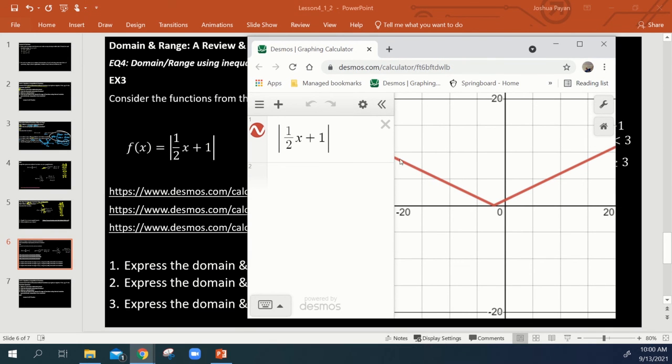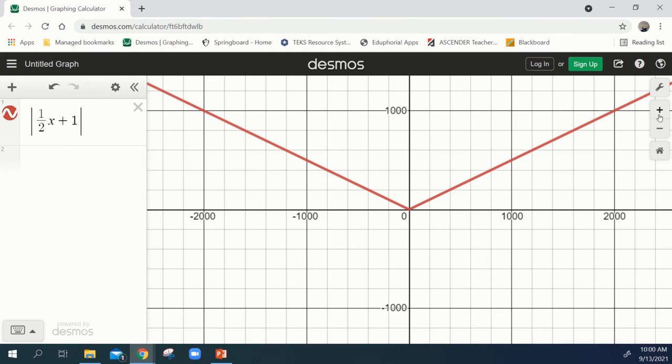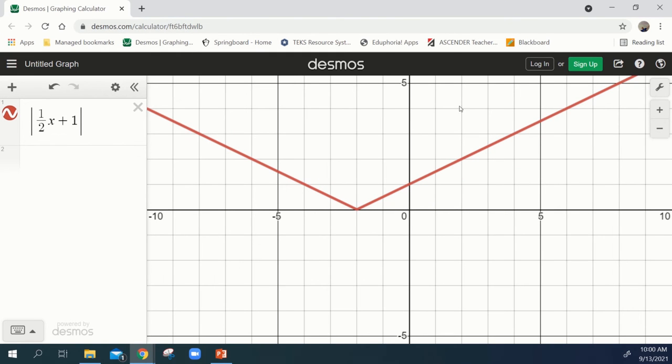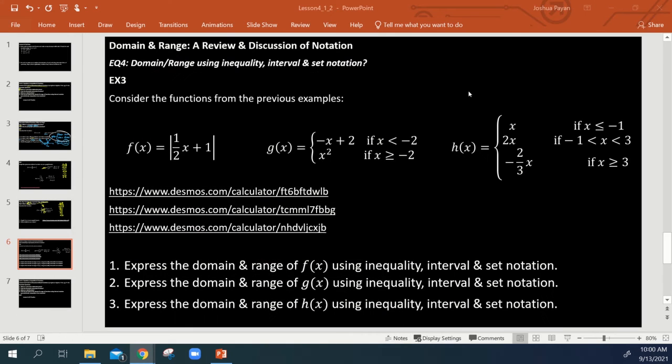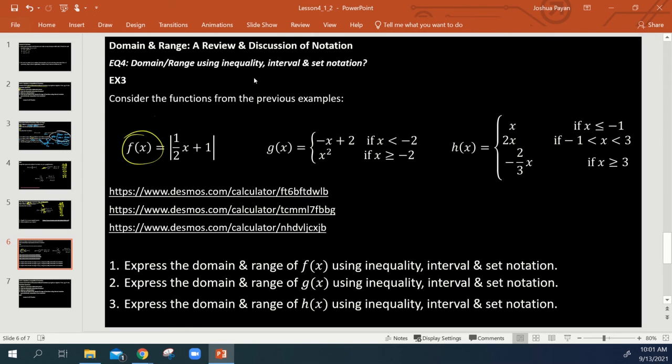If we're talking about domain, clearly we see the domain continues on and on and on forever. No matter how far I zoom out, it's just going to continue. So for f, one way to put it is using inequality notation.